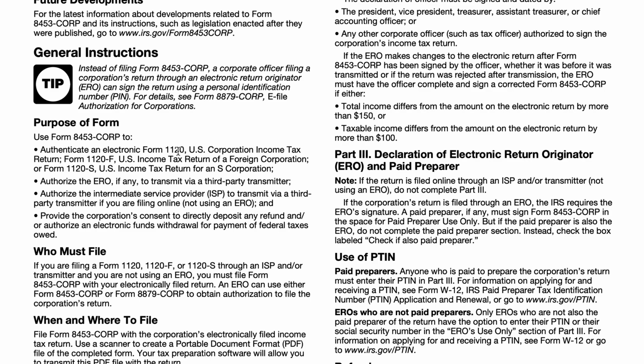Basically, you're giving permission to someone that's not an electronic return originator to transmit this information that you're filing online.